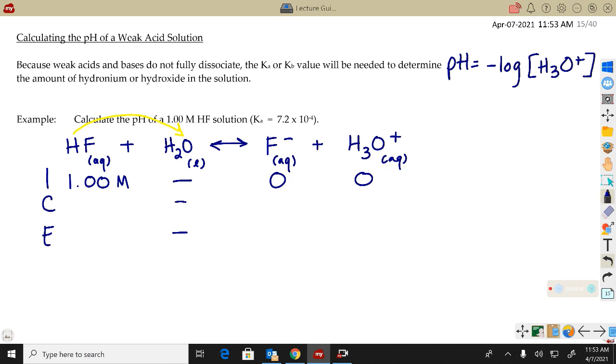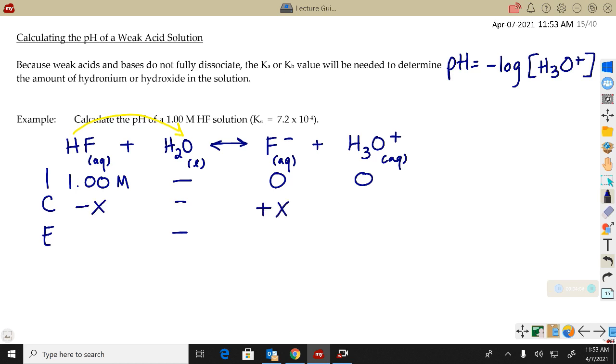And what we want to know is how far forward this will shift. Now, I know I can't have zeros at equilibrium, so we're going to shift forward, and we'll just call it X. So some of that HF will dissociate.